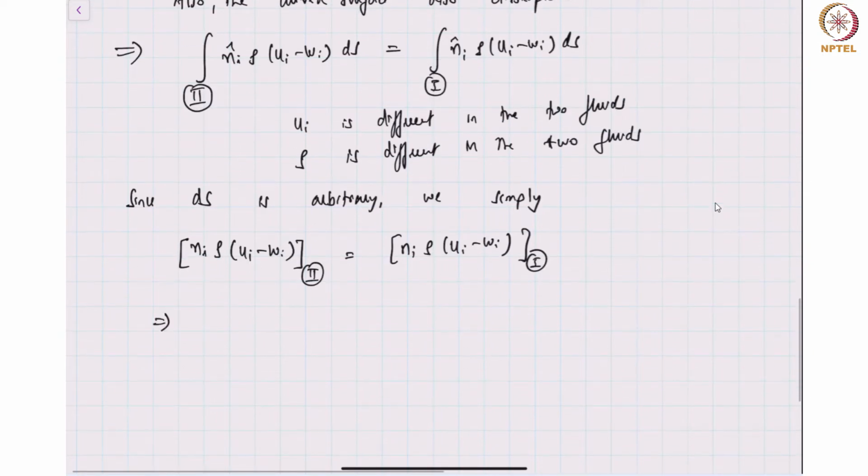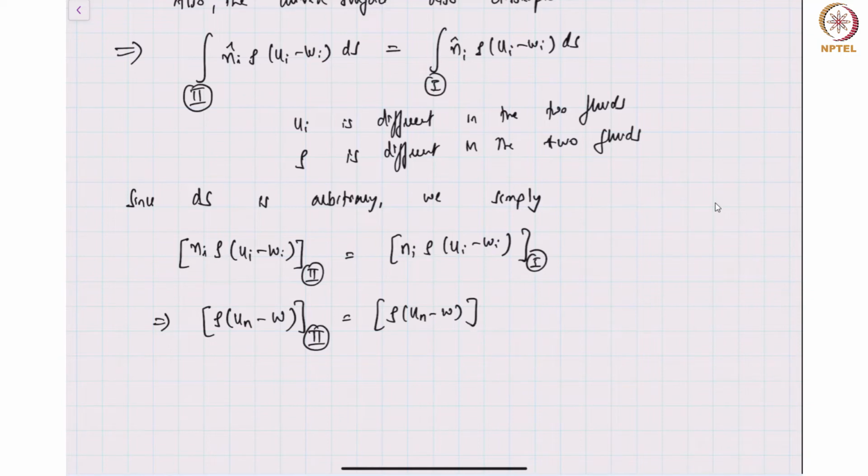But n_i u_i is just n dot u, so this is rho times (u_n minus w) over region 2 equal to rho (u_n minus w) over region 1. So this is the first jump condition.